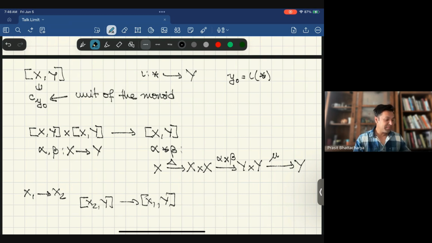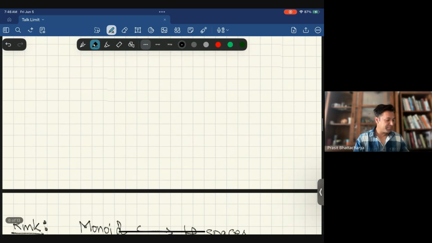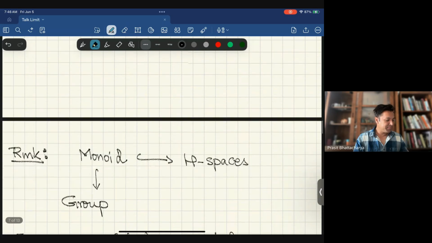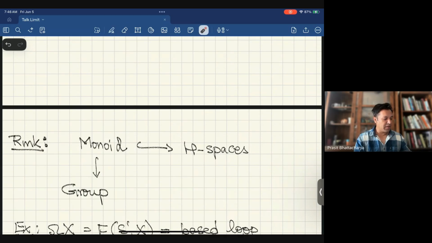Okay, let's move on. What I'm noticing here is that if I consider the world of H spaces, it's actually much bigger. It includes all the traditional monoids that you know. In fact, traditional monoids have things commuting up to the nose, but here you have things up to homotopy.